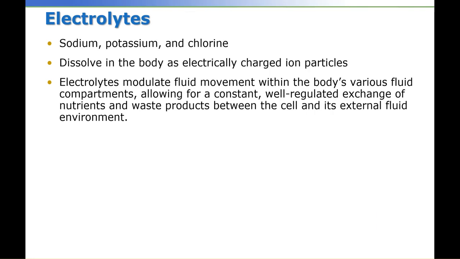Electrolytes. These are things such as sodium, potassium, and chlorine, which dissolve in the body as electrically charged ion particles. Electrolytes modulate fluid movement within the body's various fluid compartments. They allow for constant, well-regulated exchange of nutrients and waste products between cells and the external fluid environment.